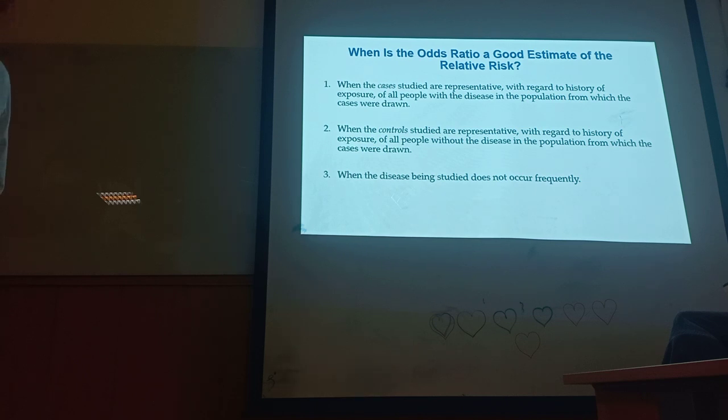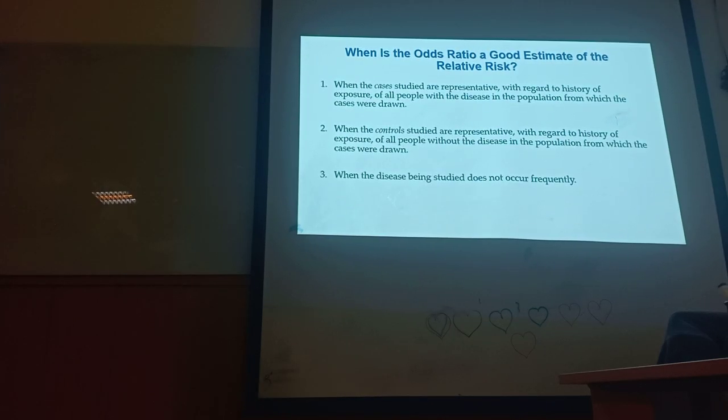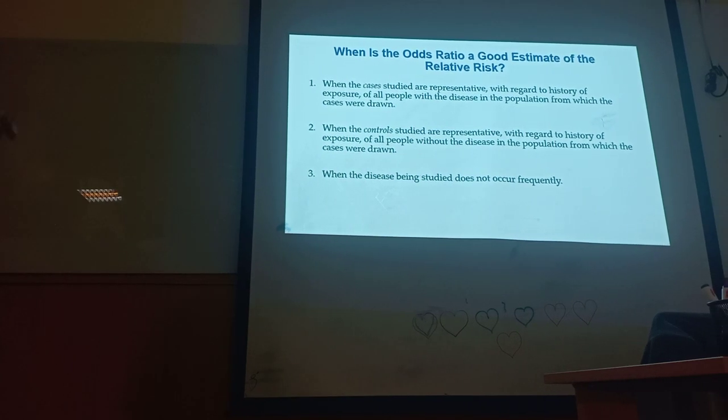So cases included in our study should be a good representative for all cases. And controls also should be a good representative for those who do not have the disease.